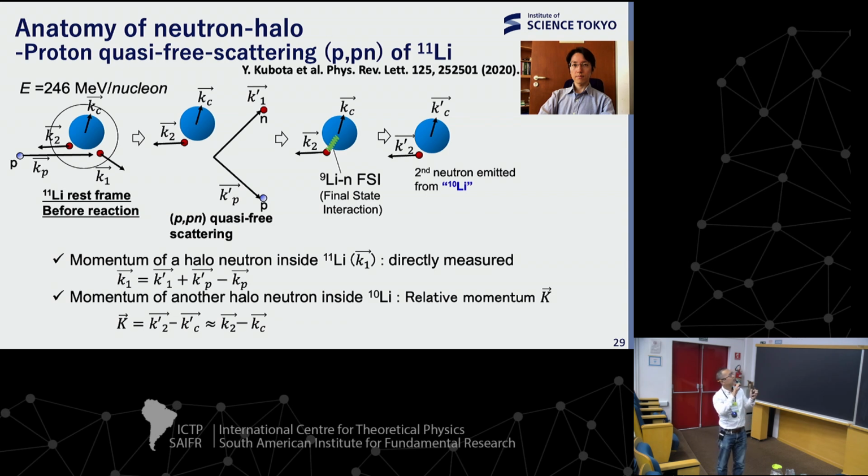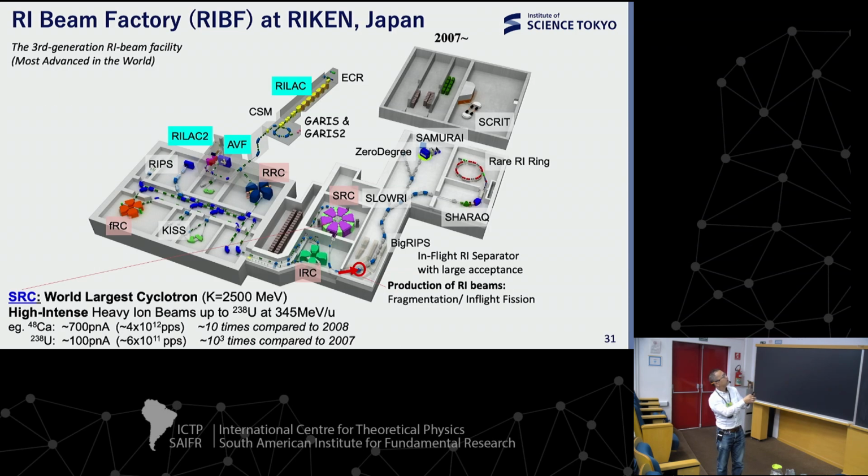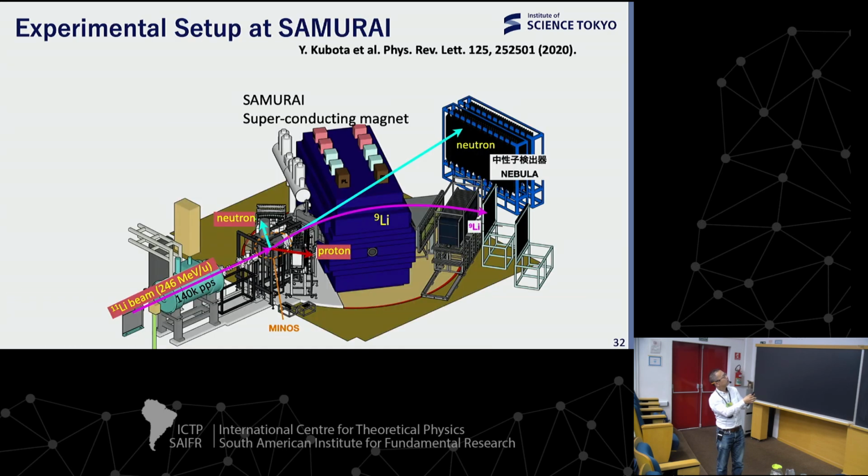In reality, it is just inverted. So this is a knocked out proton, this is a knocked out neutron, and this neutron is from lithium-10, the K2 part. So this is the K1 part.